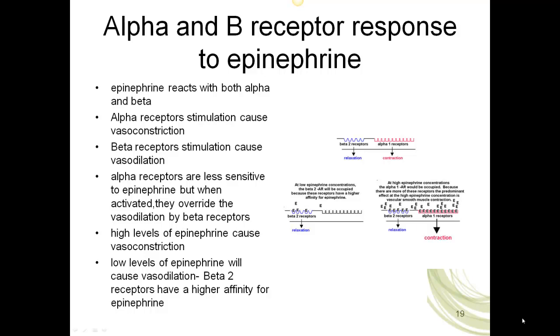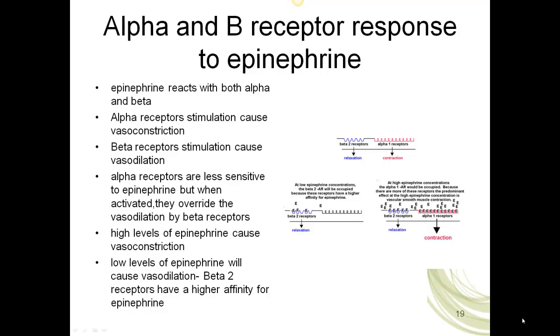However, beta 2 receptors bind epinephrine with greater affinity. So that means if there's a few molecules of epinephrine around, the beta 2 receptors will bind to them at a higher level, a greater affinity. And you're seeing them populate with epinephrine in the bottom left picture here more readily.